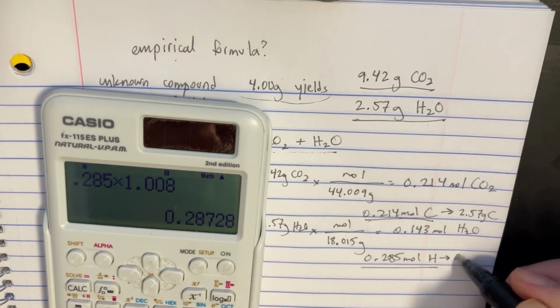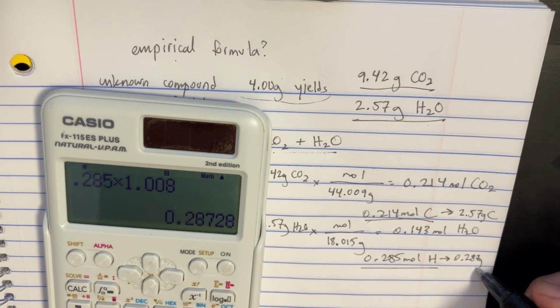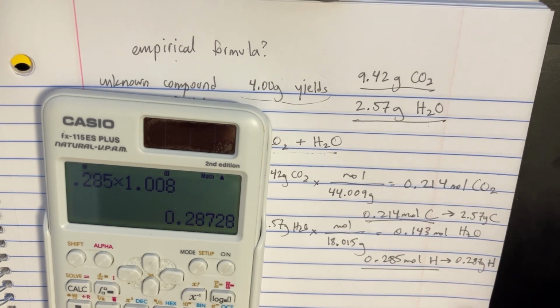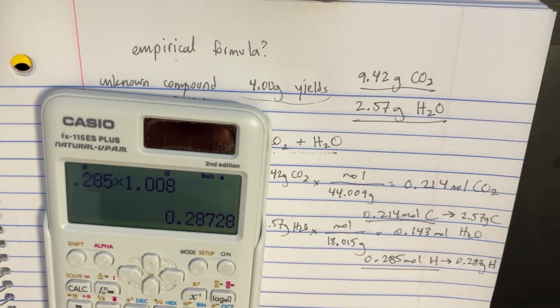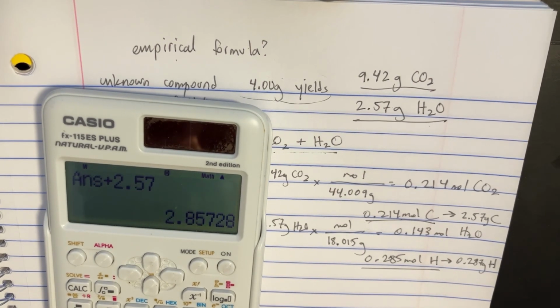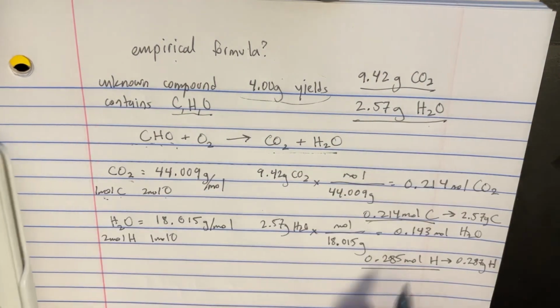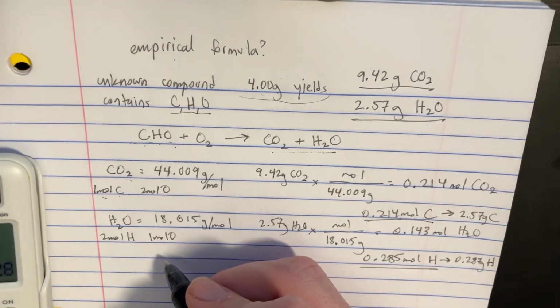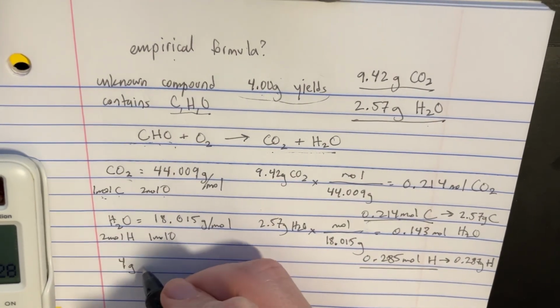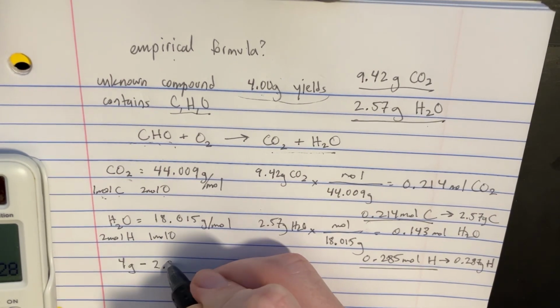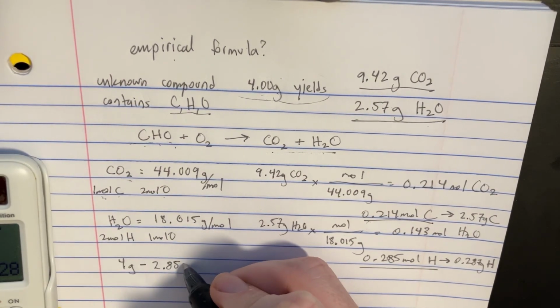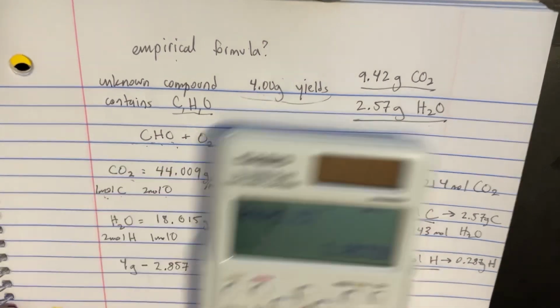So we're left with 0.287 grams of H. So now let's add those two numbers up. This gives us how many grams we've used up so far, because we started with 4 grams, and we've used up 2.857 grams.